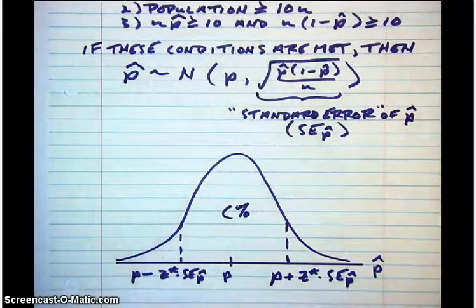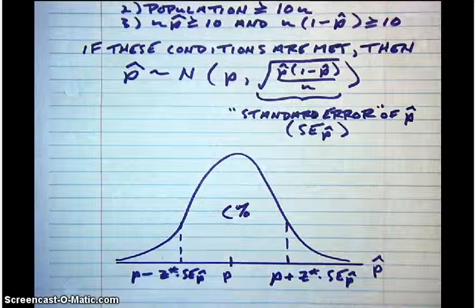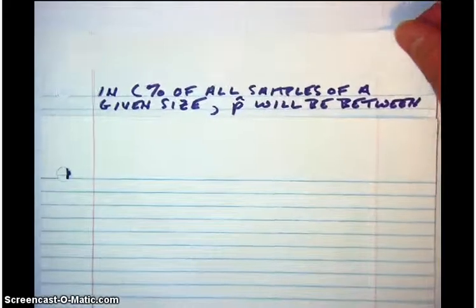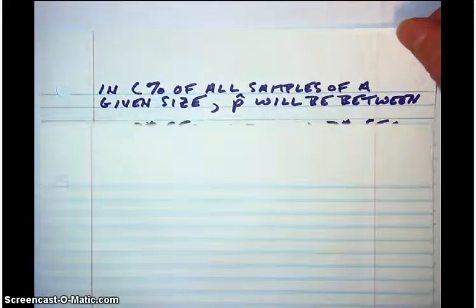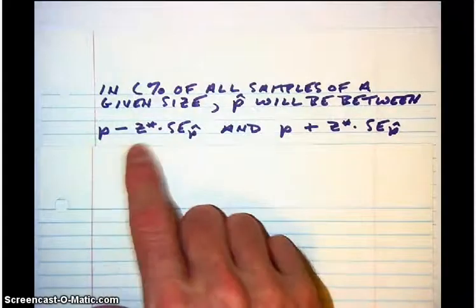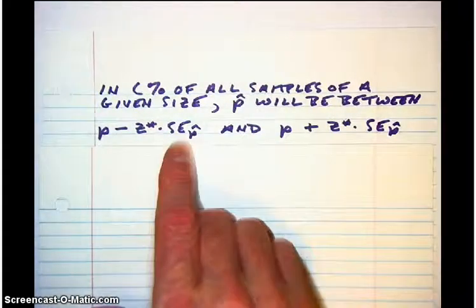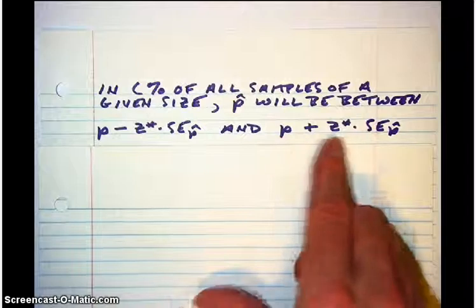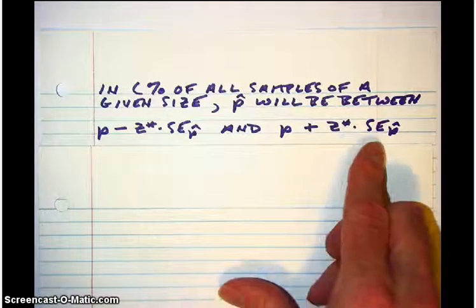And that's where the confidence interval is going to come from. Now, in C% of all the samples of a given size, p hat is going to be between those boundaries: the lower boundary, p minus z star times SE of p hat, and the upper boundary, p plus z star times SE of p hat.